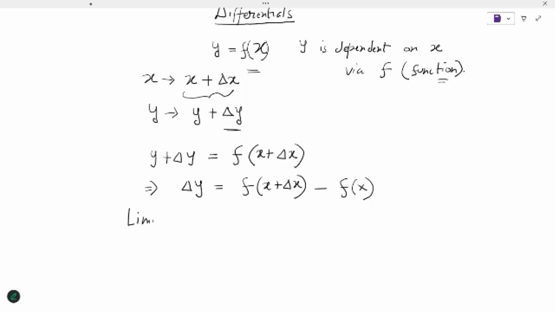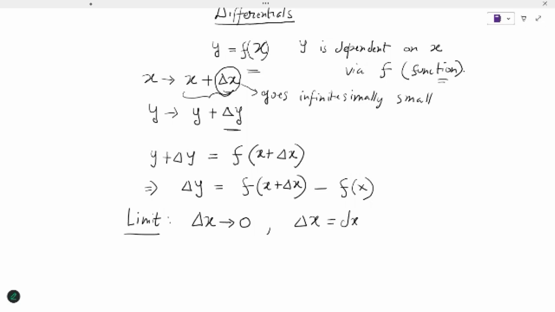Limit in the sense that if I tend delta x to 0, meaning this increment goes infinitesimally small, then we write delta x as dx, and this is known as the differential of x.